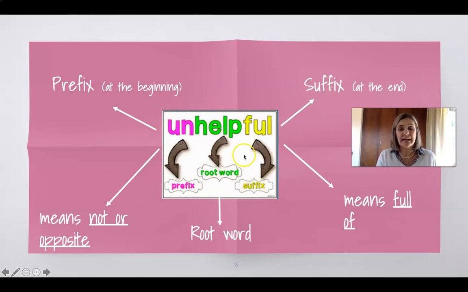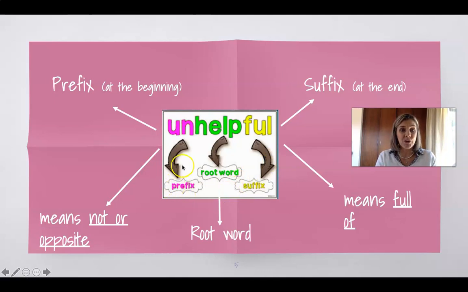So look at this word unhelpful. The root word there is help. And then we've put on a prefix at the beginning. So we fixed it at the beginning, un. And we put a suffix at the end. Now, we're not going to do suffixes today, but it's good to know that you can change a word just by adding a suffix or a prefix.